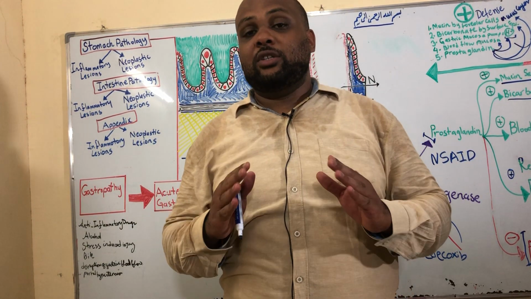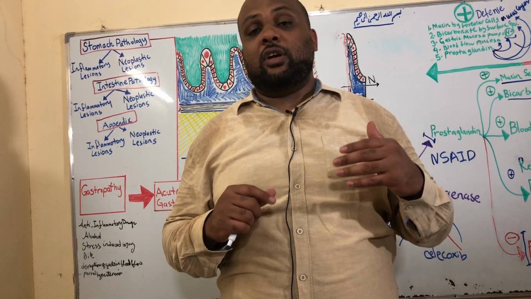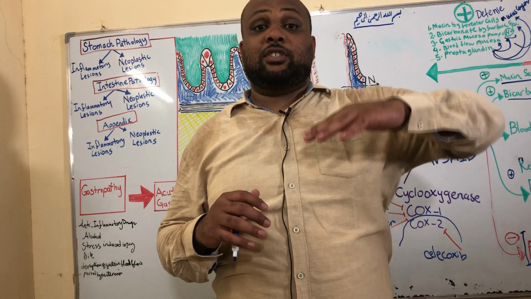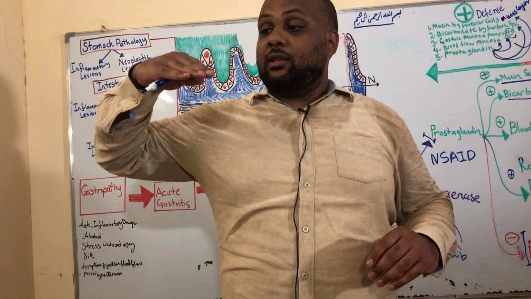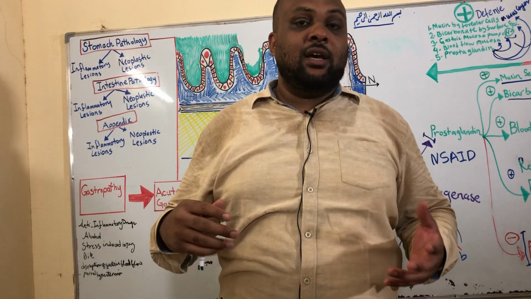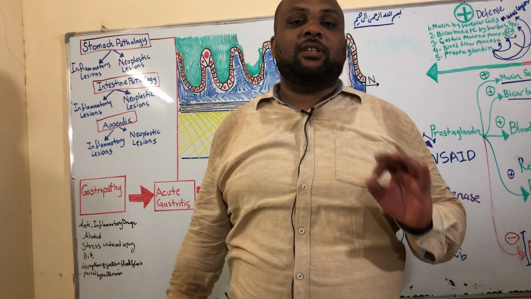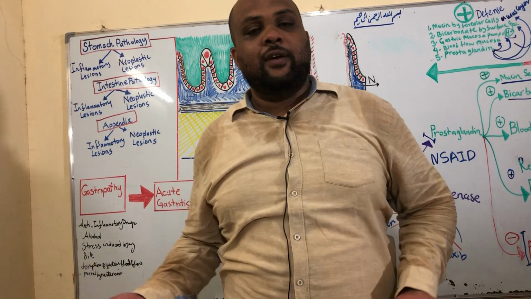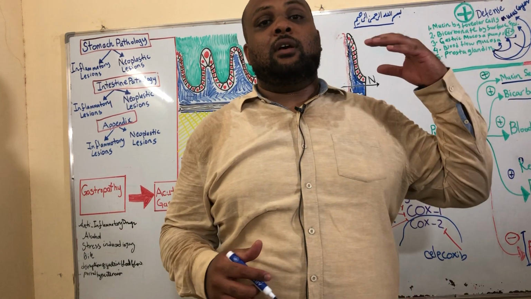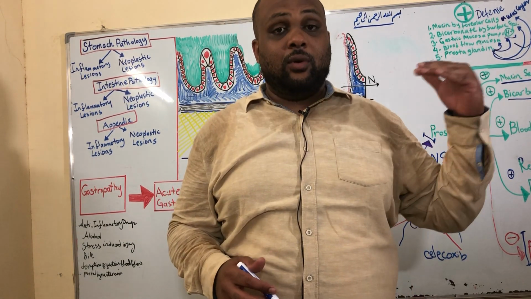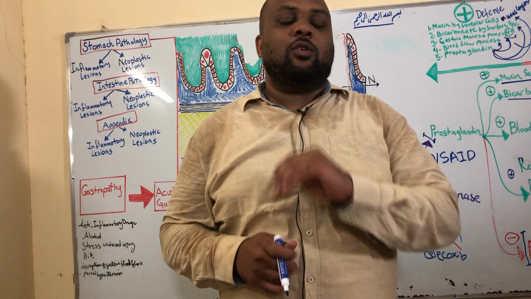In order for pathology to happen, the forces that try to harm the integrity of that mucus layer must be empowered, and the forces that defend, and we talked about them, must be weakened. So any pathology is caused by a weakening of the defense mechanisms or an increase in the injurious stimuli. So that's our first step.